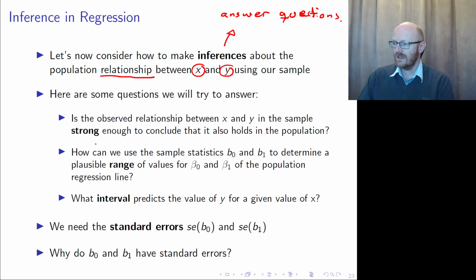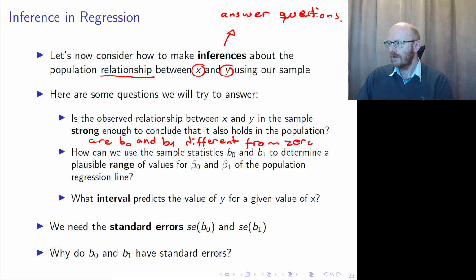Which means that, are b0 and b1, the intercept and slope, different from 0?